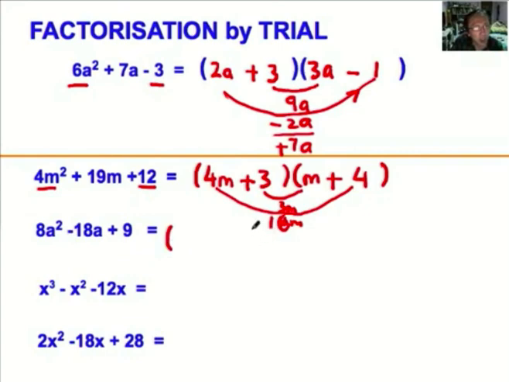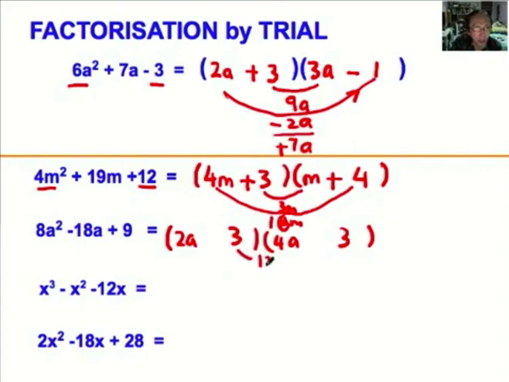8a squared has factors 2a and 4a, and 9 has factors 3 times 3. Again, we need to check the middle term before we can decide the sign.